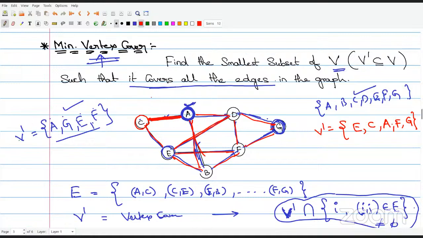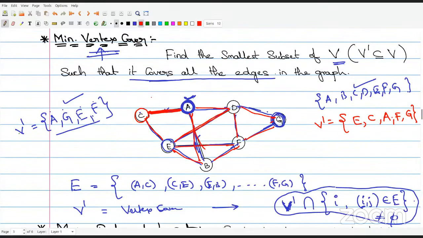Could I ask something in this? You already said 9 vertices at most. Sir, there were 3 points like F, D, and E, which were covering the maximum number of edges per vertex. That was 4. Sir, could there be a situation in which, amongst these 3, the choice we make could influence the future choices?